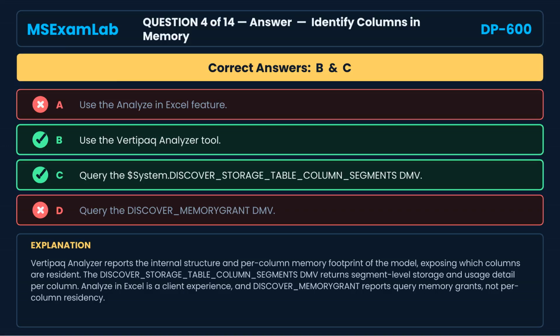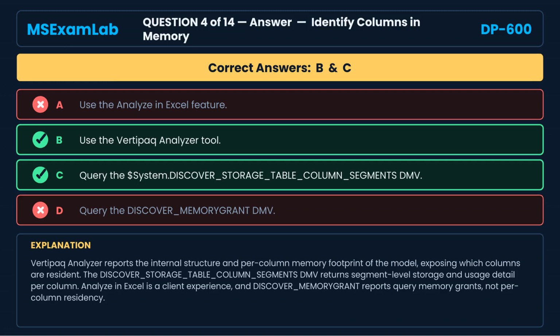The correct answers are B and C. Use the VertiPaq Analyzer tool and query the $system.discover_storage_table_column_segments DMV. VertiPaq Analyzer reports the internal structure and per-column memory footprint of the model, exposing which columns are resident.